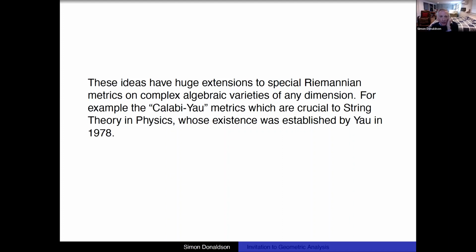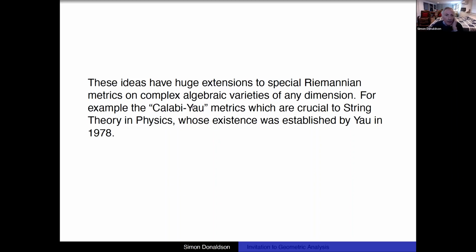These, if you like, are higher dimensional versions of constant curvature metrics, constant Gauss curvature metrics, and these things are crucial in the area of string theory in mathematical physics. The fact that one has these special Riemannian metrics on certain complex algebraic varieties.